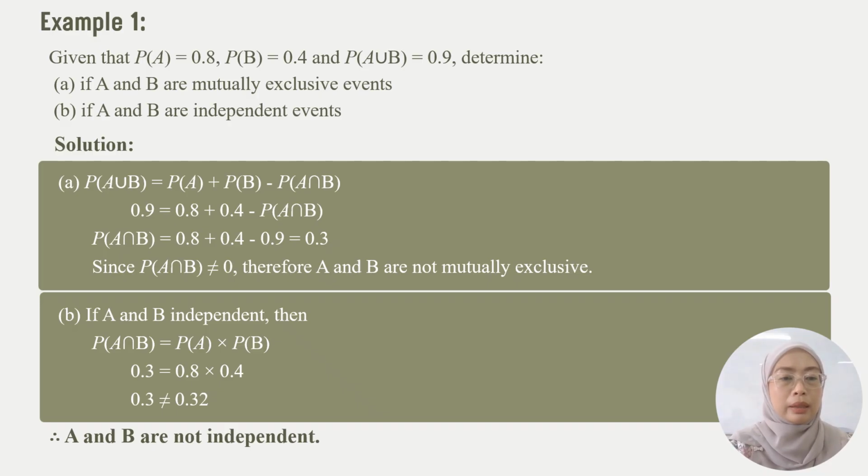We get 0.8 plus 0.4 minus 0.9, so the probability of A intersection B is equal to 0.3. Since the probability of A intersection B is not equal to 0, therefore A and B are not mutually exclusive.